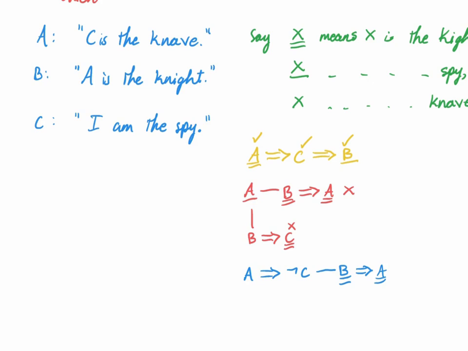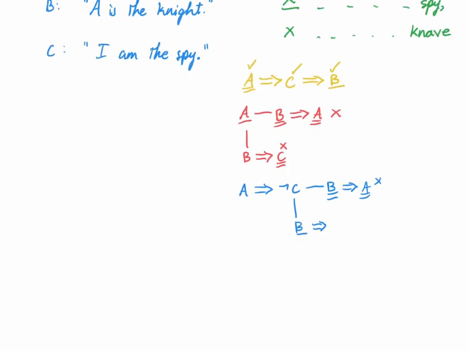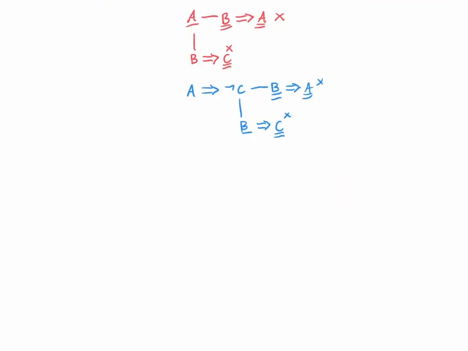Let's start by assuming that B is the knight. But if B is the knight, then B is telling the truth about A being the knight, and that's not possible because we already decided in this scenario that A is the knave. With that possibility eliminated, let's turn to the possibility that B is the spy.